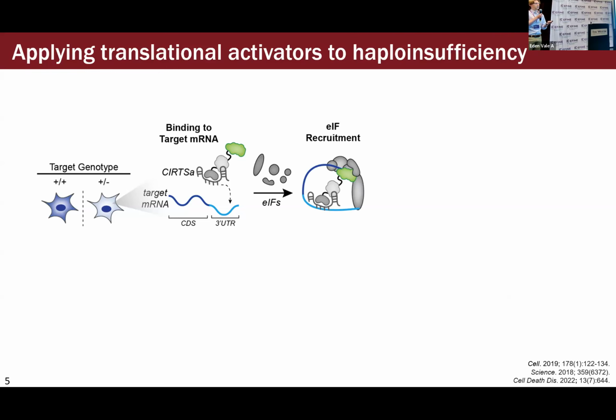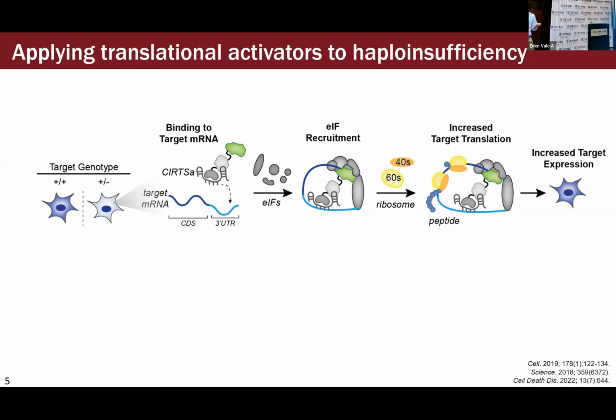So this primes the mRNA to recruit the ribosome to start translation. And this is actually the rate-limiting step for virtually almost all mRNA in the cell, so this is the step that CERTS actually helps with. And then once the mRNA is primed, ribosomes will land on the start codon and start making the protein of interest and increase target expression.